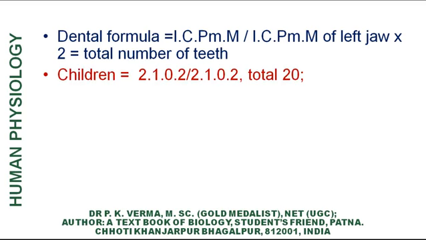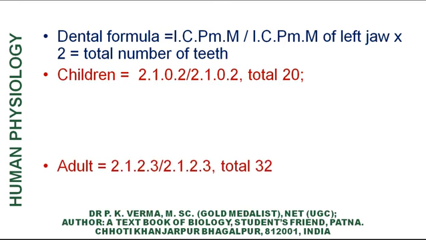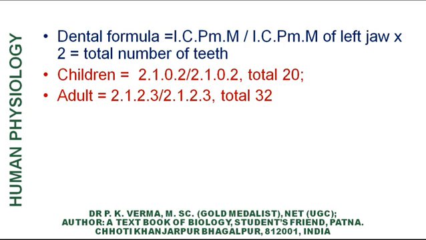In children, the formula is 2102 by 2102, that is 20 teeth. They have no premolar. In place of them, there are two pairs of molars. In adults, the teeth are 2123 by 2123, total 32.